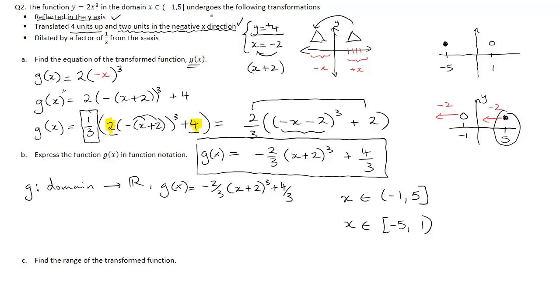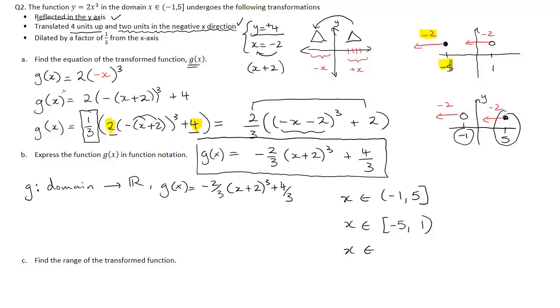Sorry, I should really label these carefully. It's actually these values up here. So minus 2 and minus 2.